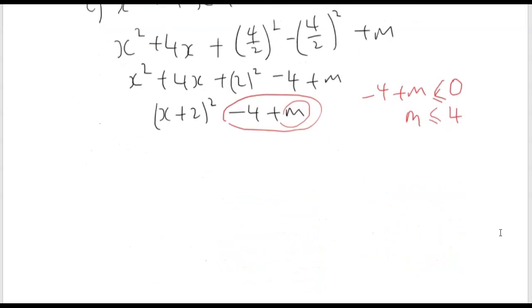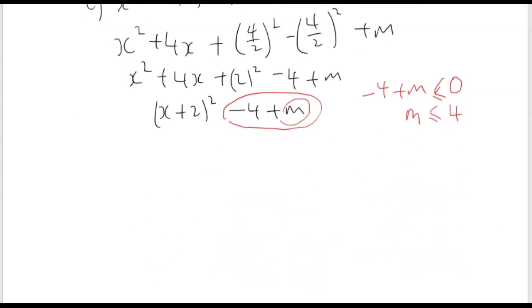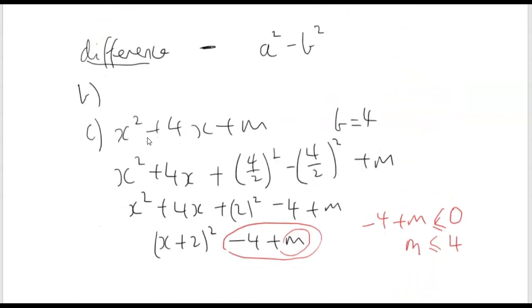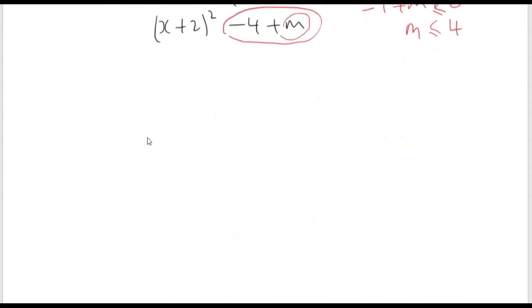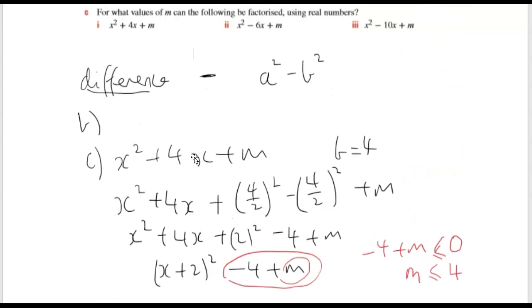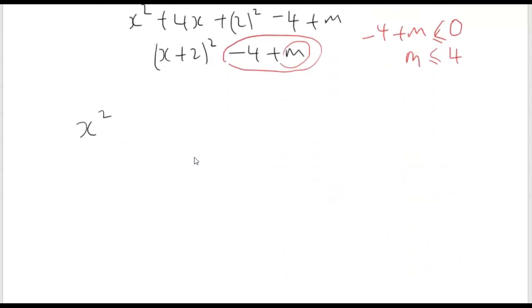I'll go through another question, because sometimes when I explain things, doing it a second time helps sink it in. Say it's x squared minus 6x plus m. We're going to identify b first.